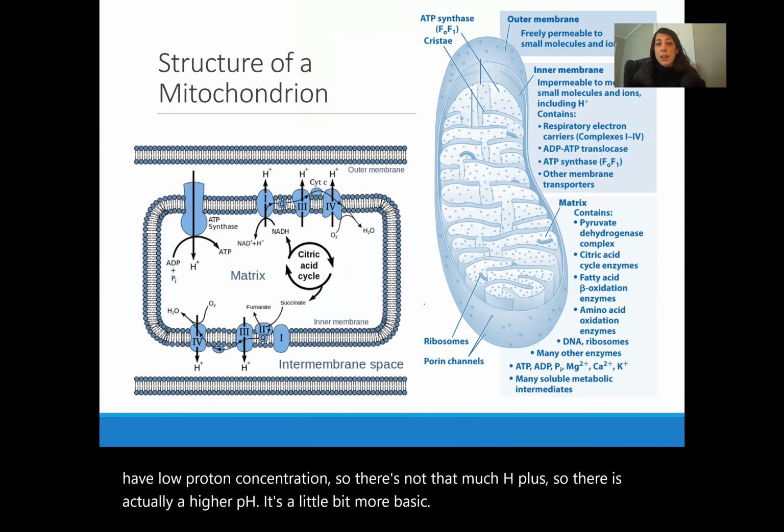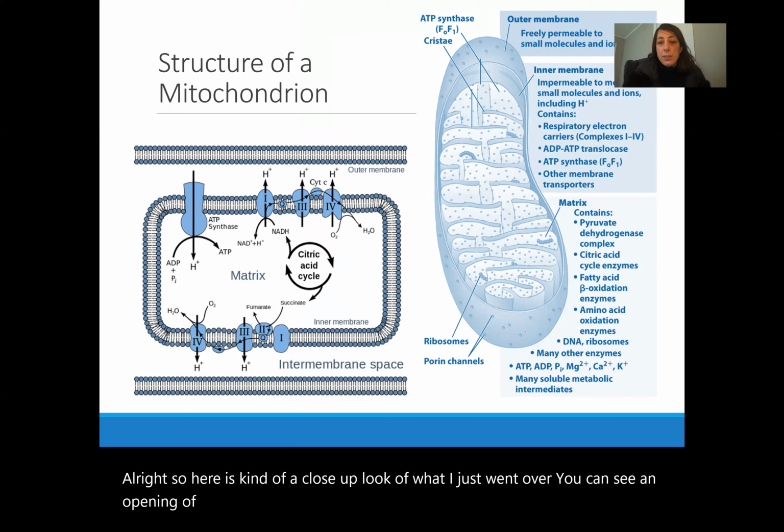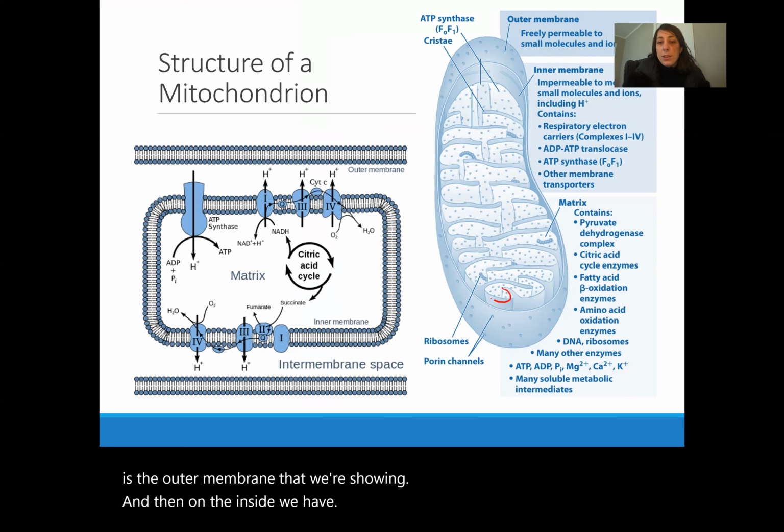All right, so here's kind of a close-up look of what I just went over. You can see an opening of the mitochondria, the organelle itself. Here's the outer, right? This is the outer membrane that we're showing. And then on the inside, we have this inner membrane.